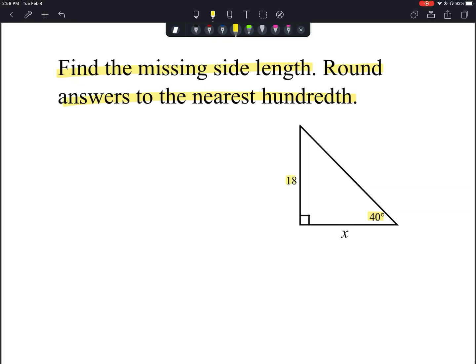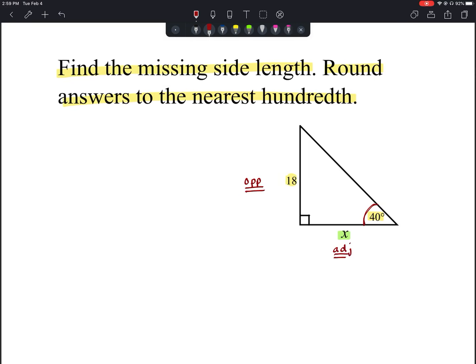We have the opposite side here is 18. This is our opposite side because we're looking at it in comparison to that 40-degree angle. And then we are trying to figure out what x is going to be. So this x is part of our adjacent side when compared to the angle that's given.